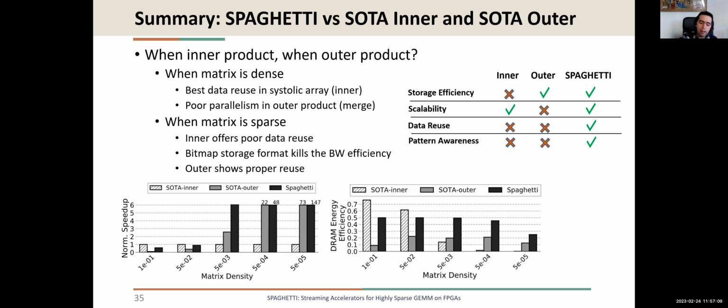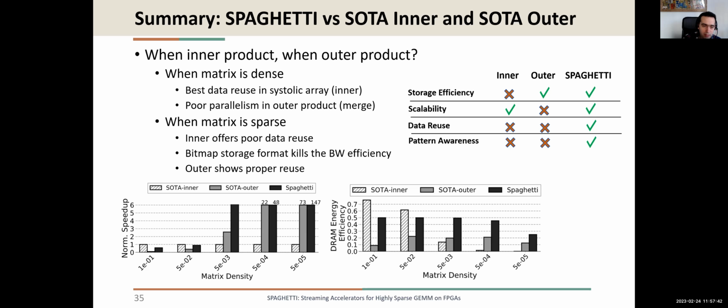Here we assumed that our matrices were highly sparse, and the non-zero elements were distributed randomly, uniformly across the matrix. If you have a non-random matrix, if you know the pattern of the non-zero distribution in your matrix, you might find a better solution, a better architecture, a better storage format, right?